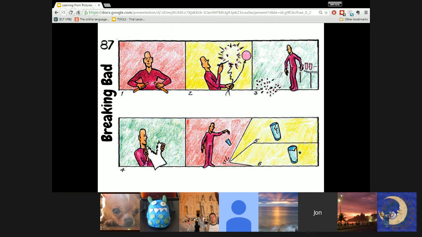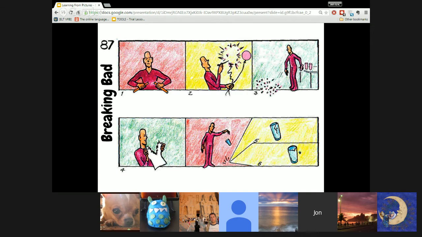And Vicente, I don't know if you can tell what's happening in the picture for number 5. Actually, we've got 5 and 6 here. Now, he did something to that cup, and there are 2 possible ways that story could end. One is 5 and one is 6. So what do you think? For either one of those, what would you say?